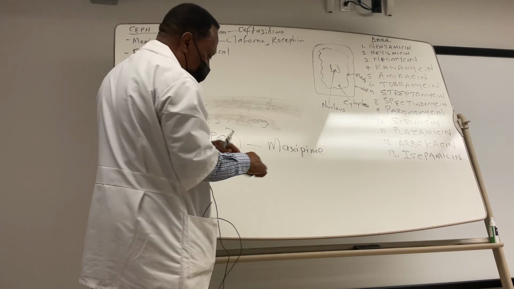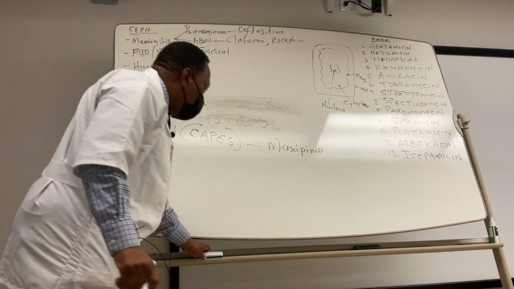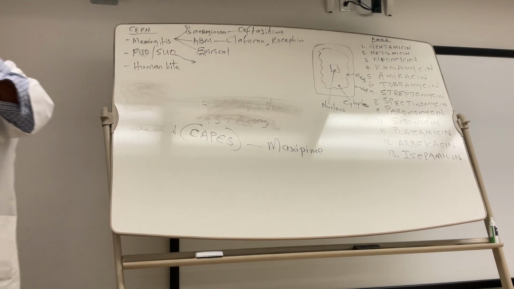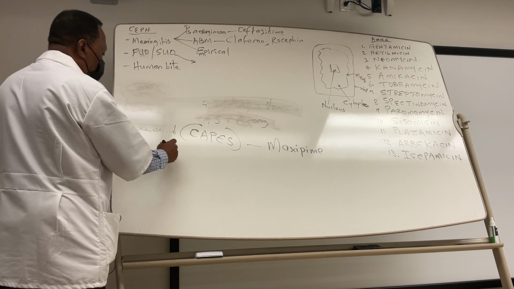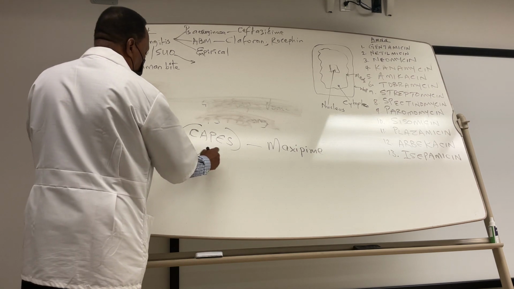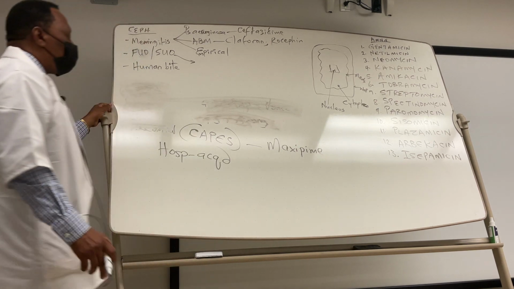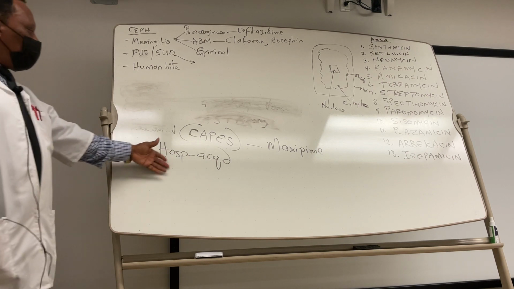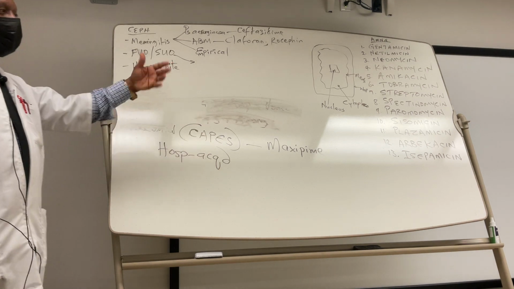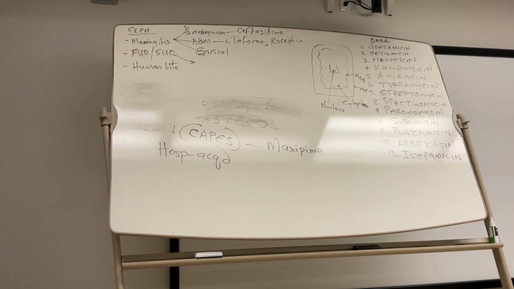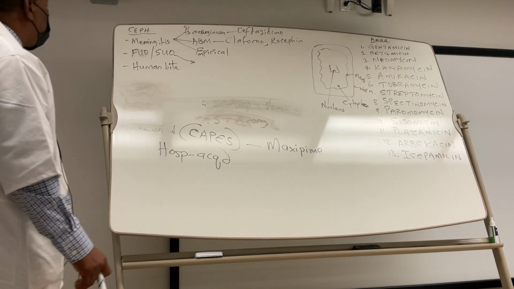Dr. Mo, what's nosocomial? Nosocomial means hospital acquired. The hospital acquired infections are usually caused by the CAPES organisms. And Maxipime will be the cephalosporin of choice in that situation.